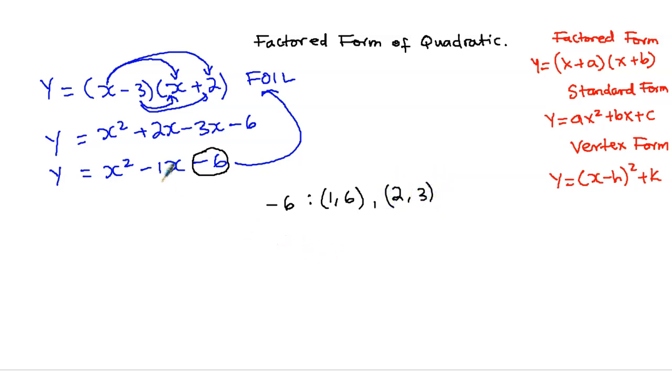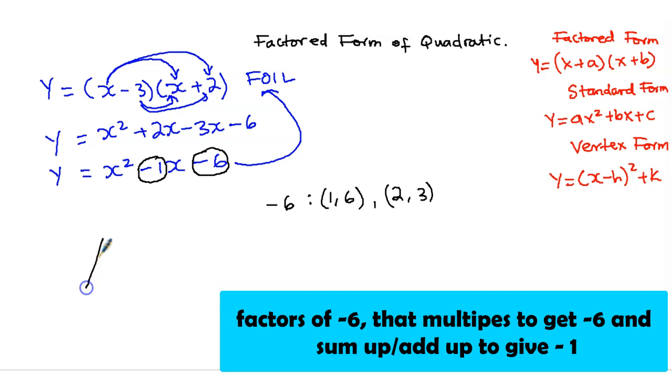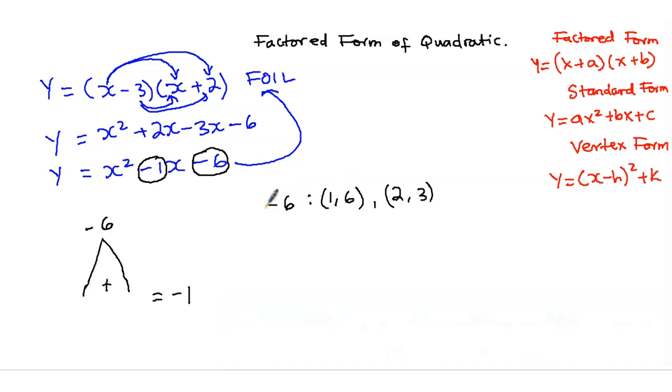You also have to look at the coefficient of the x. Normally we have this simple way: we look for the factors of negative 6, and when we add the factors, we have to get negative 1. Since the constant is negative, one of the factors has to be negative, in such a way that when we add, we get negative 1.